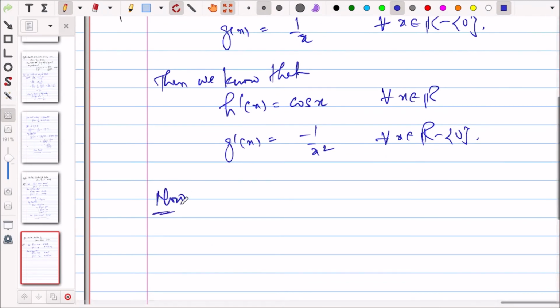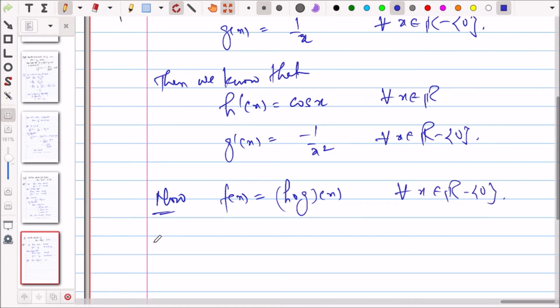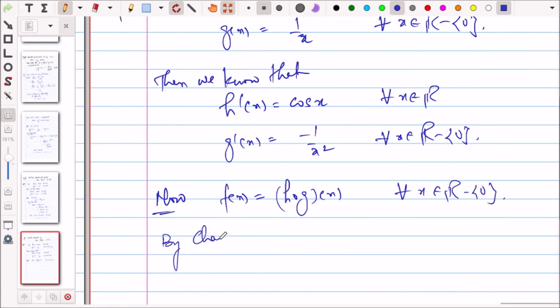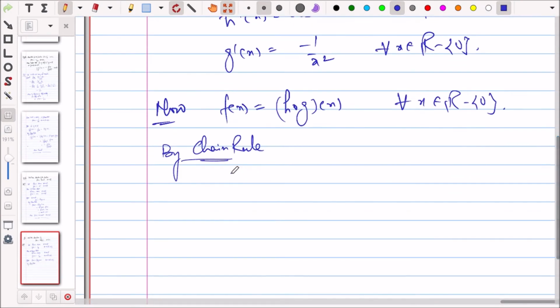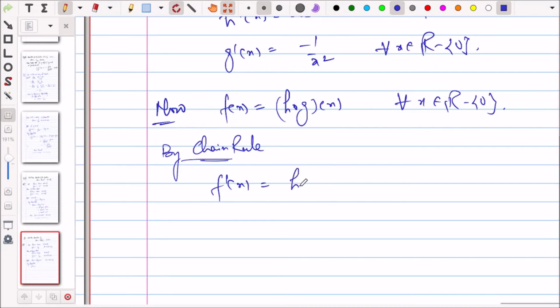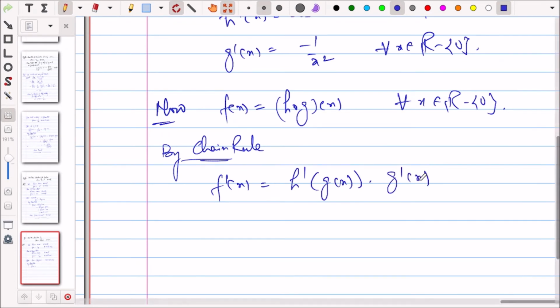Now fx is equal to h of gx, right? For all x belonging to R minus 0. So by chain rule से क्या आ जाएगा हमारे पास, f dash x is equal to h dash gx into g dash x.